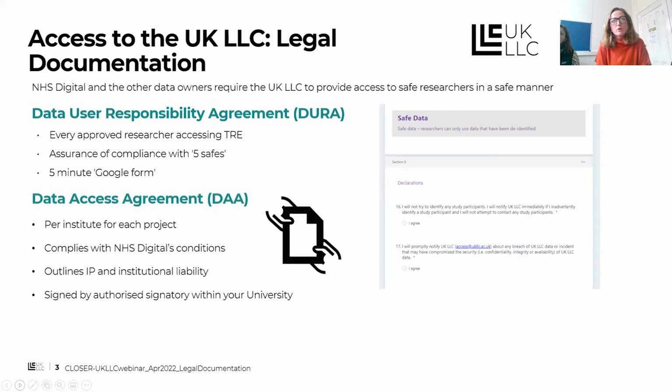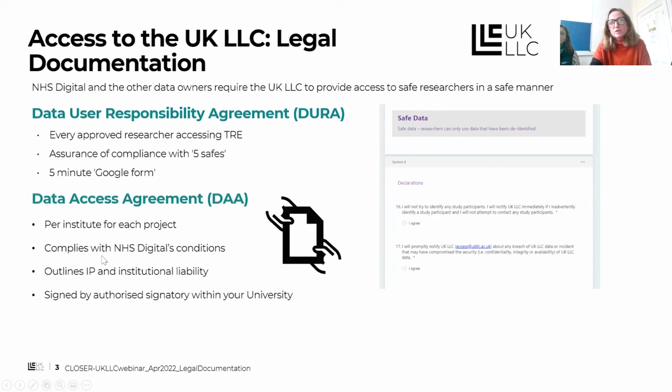At the same time, we'd work with you to complete a data access agreement. We need one of these per organisation that's accessing the TRE. So if you're part of a project that has 3 universities on it, we would need 3 data access agreements to be signed, and we'd work with the relevant universities to help complete these.